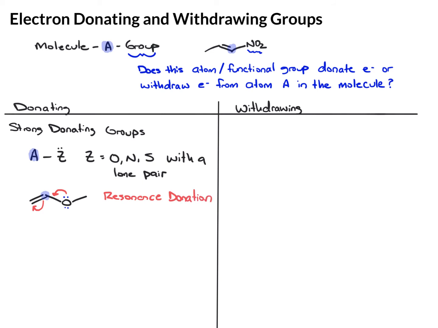So this donation of resonance is donating electrons to that atom, making oxygen, nitrogen, and sulfur all fairly strong donating groups.